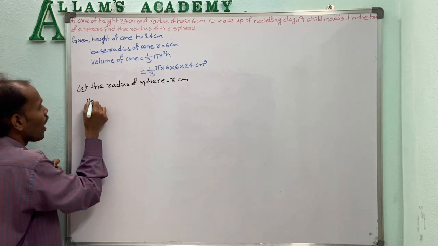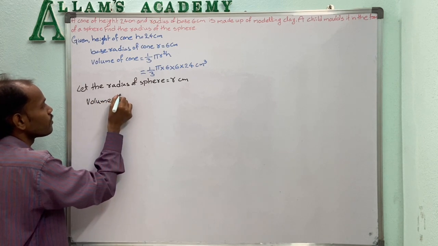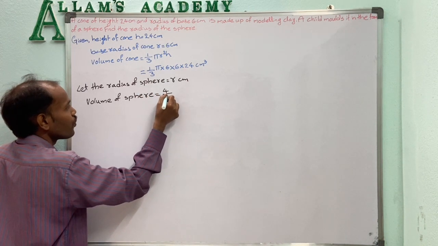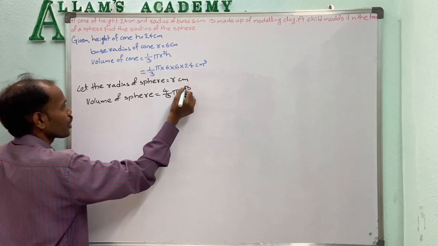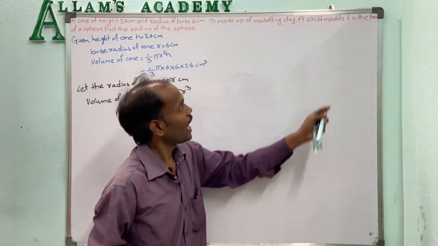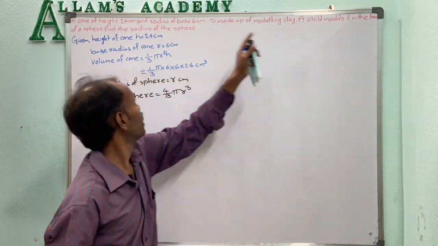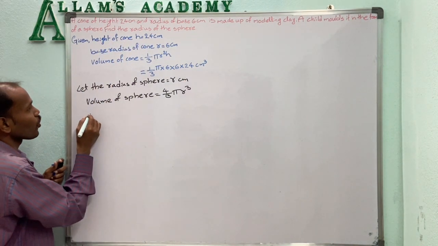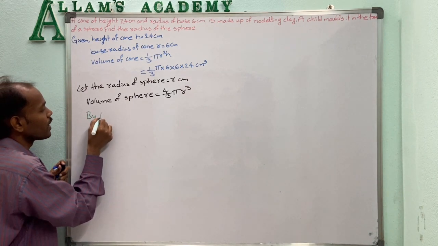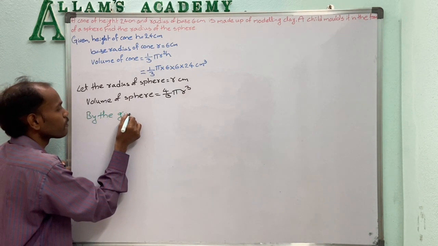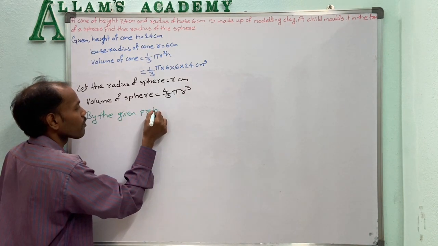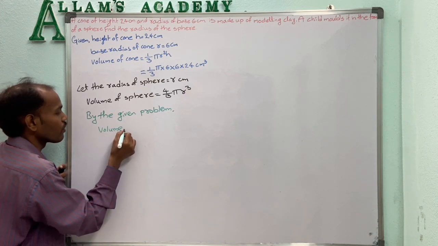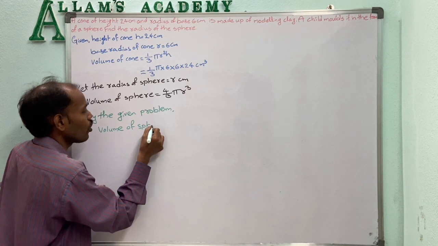Then the volume of the sphere is equal to 4 by 3 pi r cubed. Now, given that the child molds it in the form of a sphere, by the given problem the volume of the sphere equals the volume of the cone.